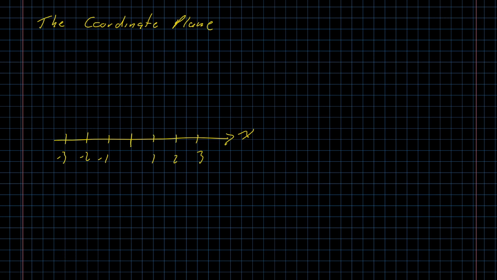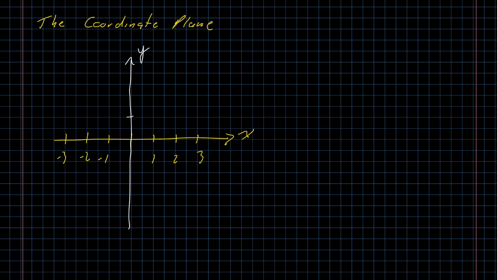I am then going to draw a second number line vertically right through the point where x is equal to 0. I'm going to call this number line y.